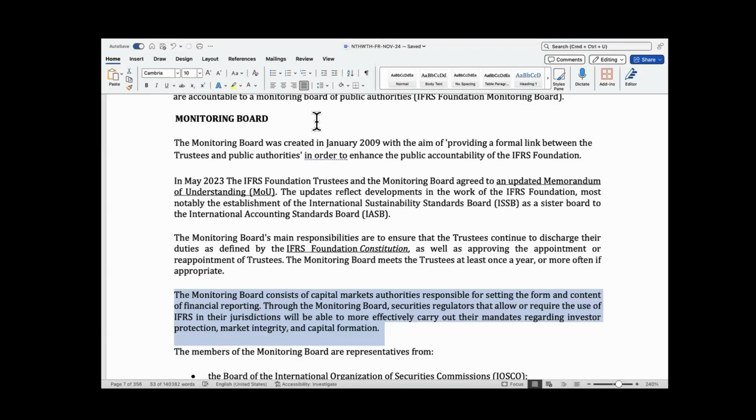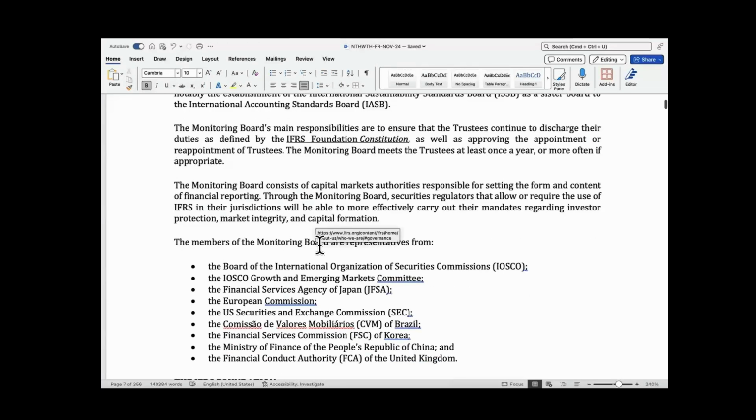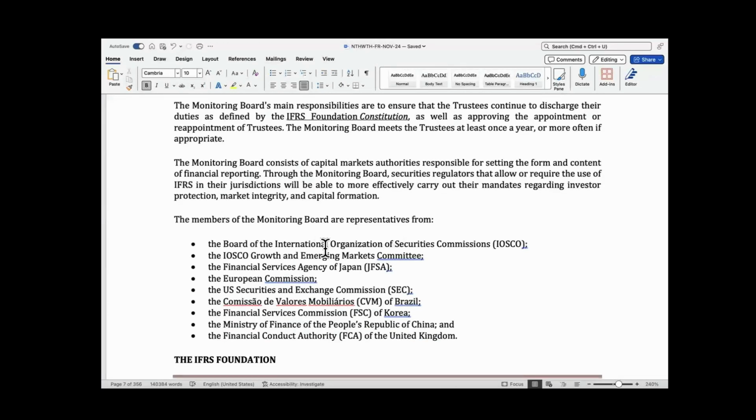So majorly, the core of this board is public accountability, to ensure that this three-tier structure is publicly accountable. That's why their members are majorly capital market authorities. And in Nigeria, that is SEC.